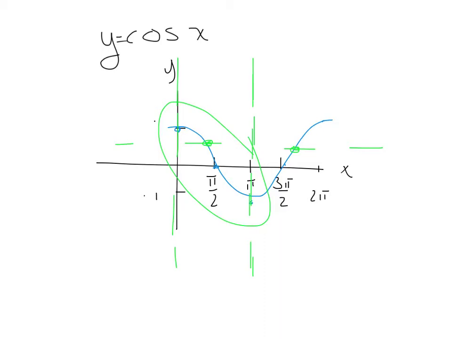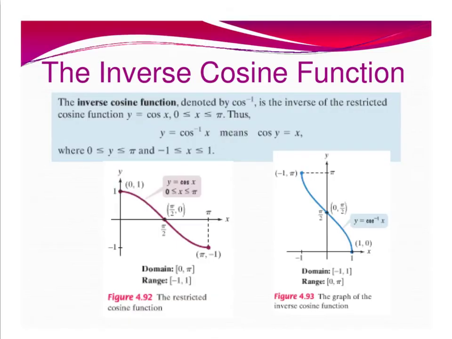And that is exactly where the graph of inverse cosine is restricted. So we're going to restrict it from 0 to pi. Here's the graph from 0 to pi. Then it passes the horizontal line test, so the inverse will be a function. And here's the inverse graph. It passes the horizontal and vertical line test.